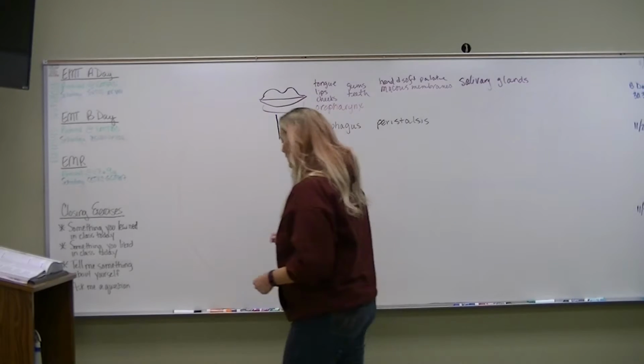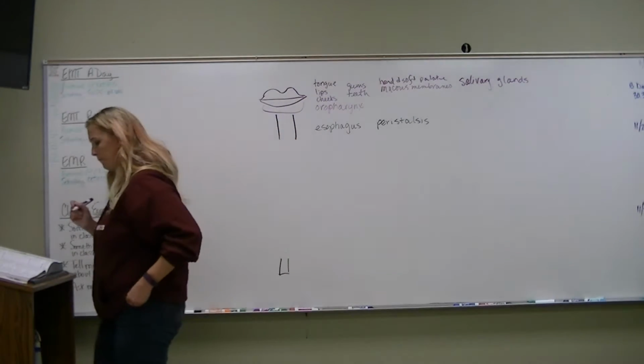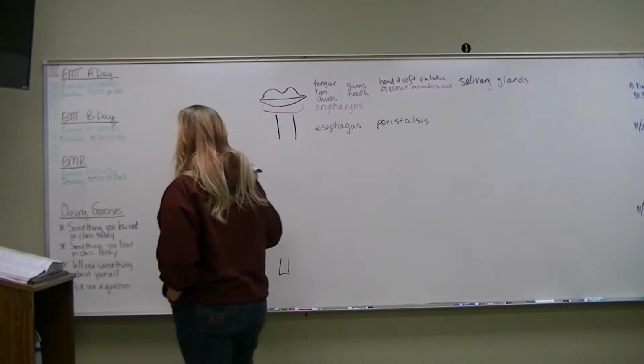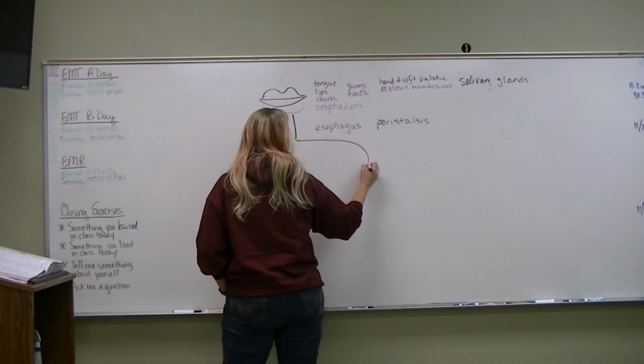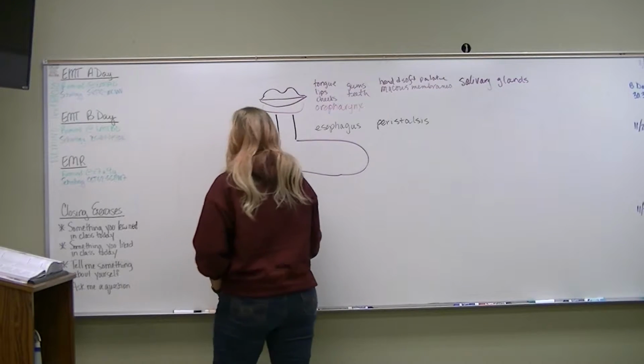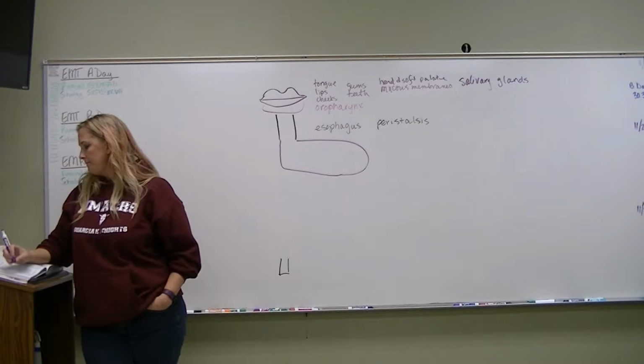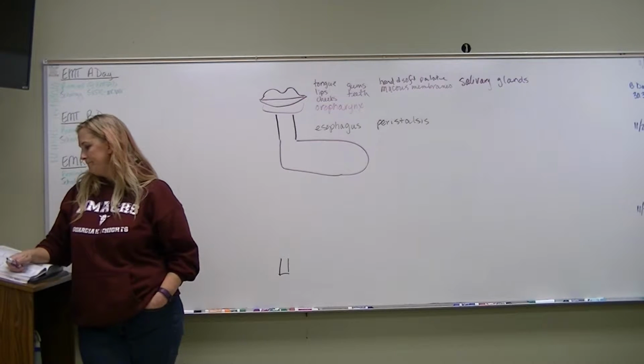Okay, once the food leaves our esophagus, where does it go? It goes into our stomach. I'm going to put our stomach over here. Okay? What happens in the stomach? Muscular contractions again, still.